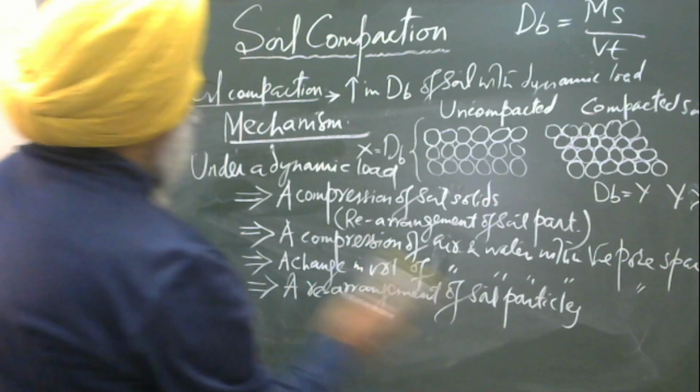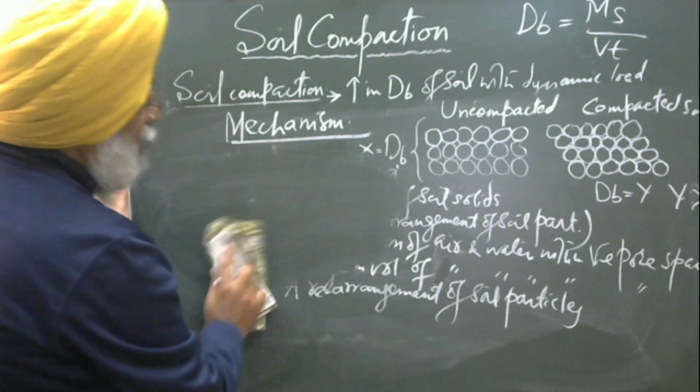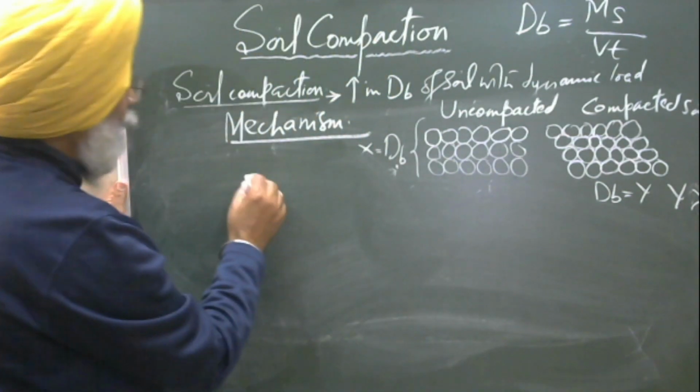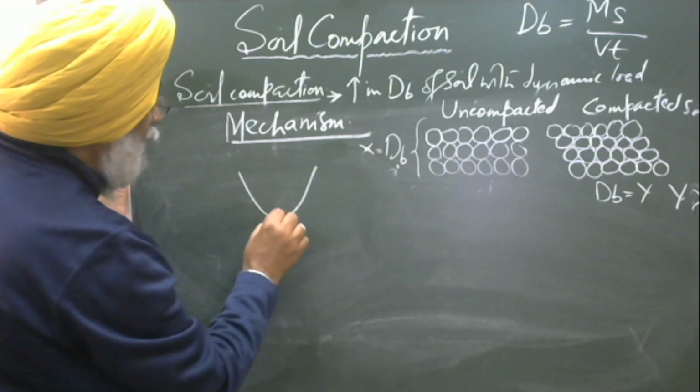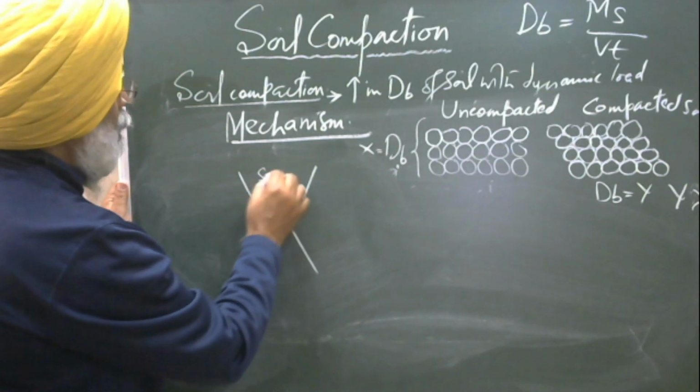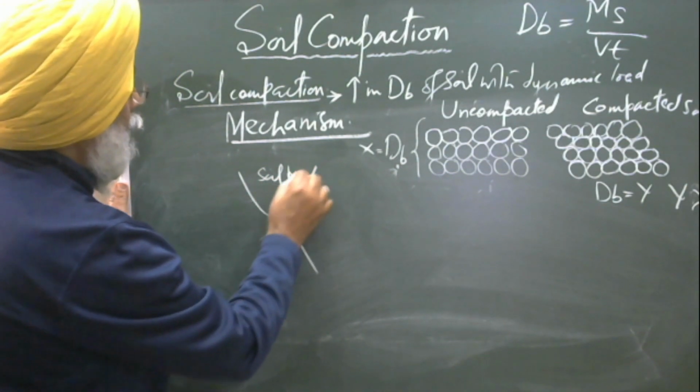Now if I explain this diagrammatically, before compaction, if this is a soil particle, this is another soil particle over here.